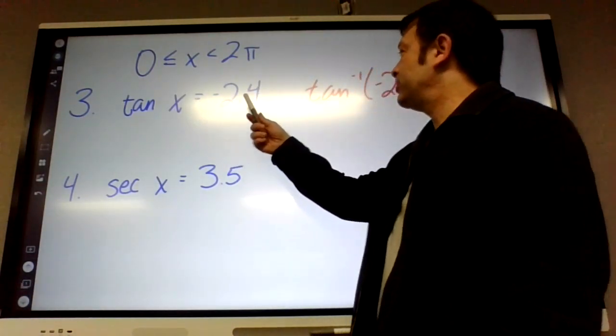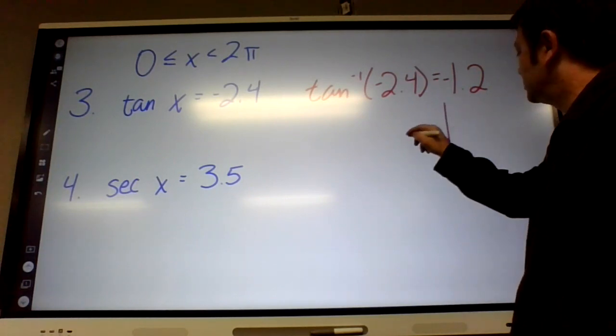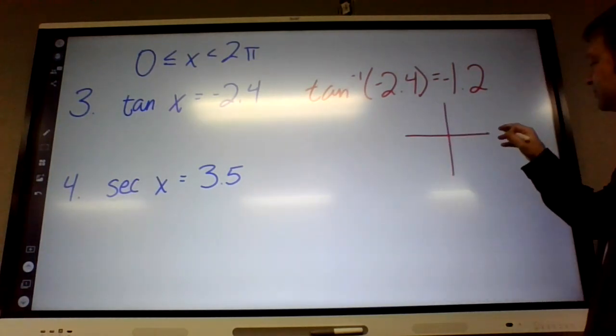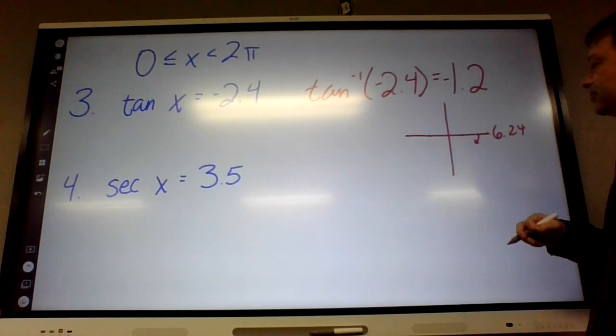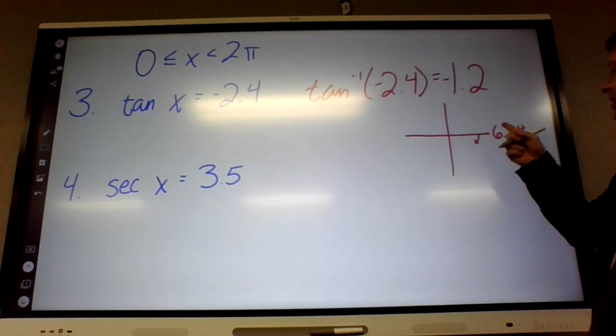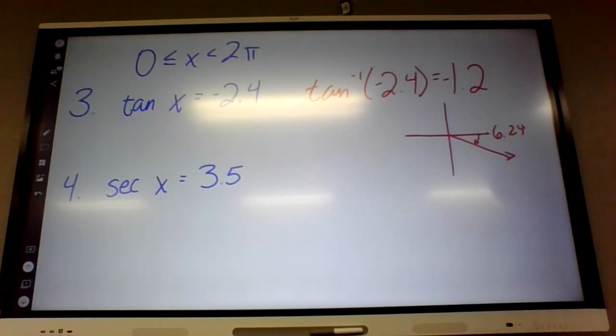So anyway, that would be a fourth quadrant angle. Alright, so 6.28. So you just do kind of like we did on number 1, like 360 minus whatever. 6.28 minus 1.2 will give you the fourth quadrant angle.